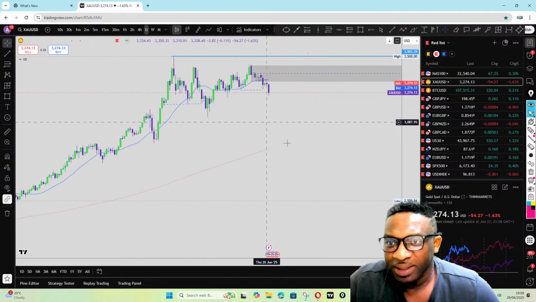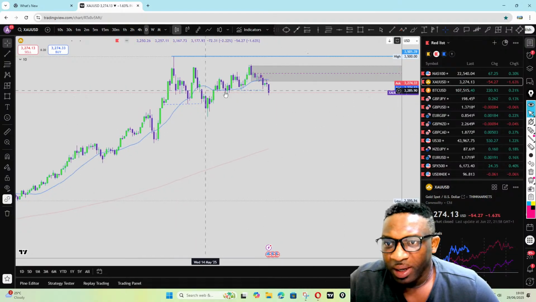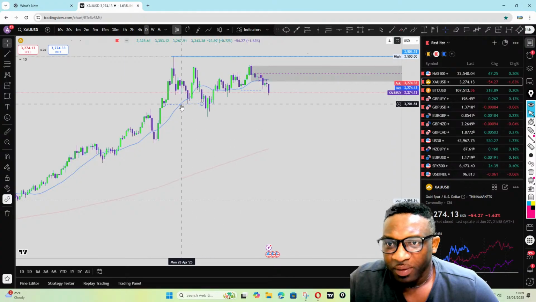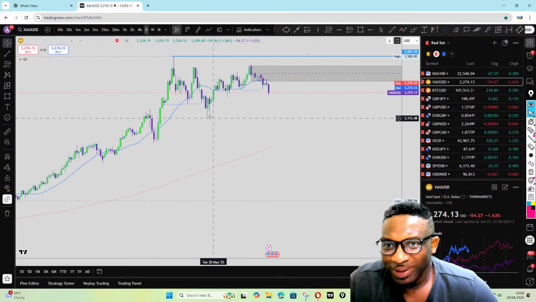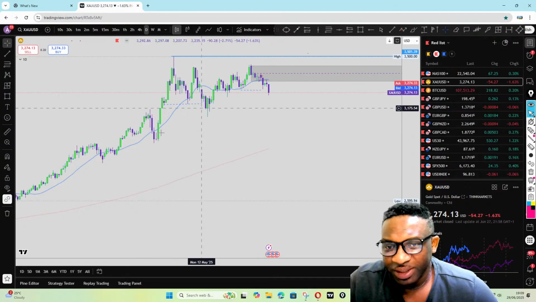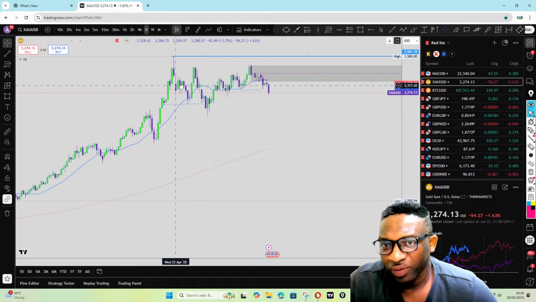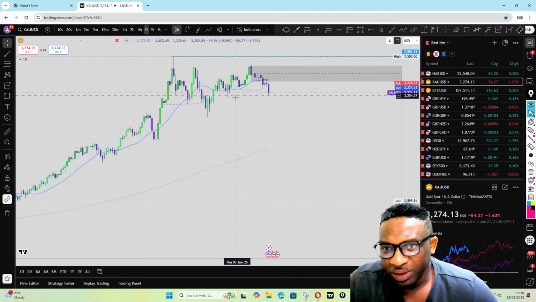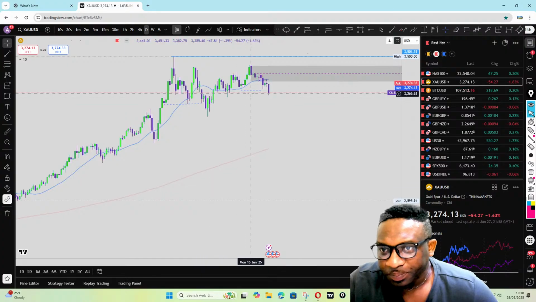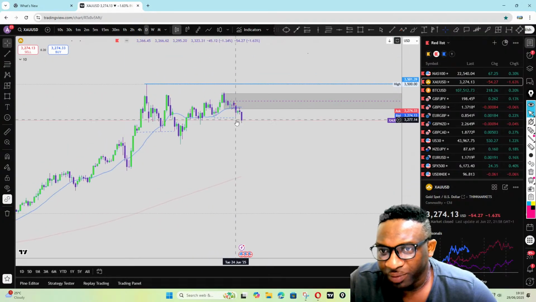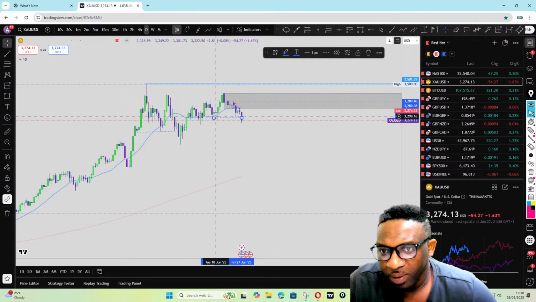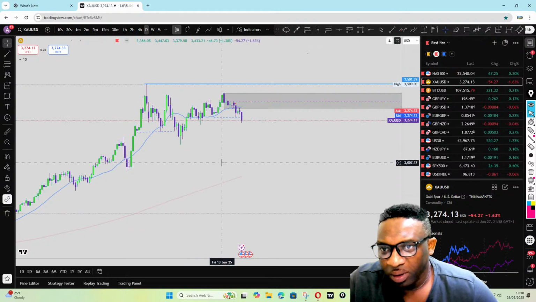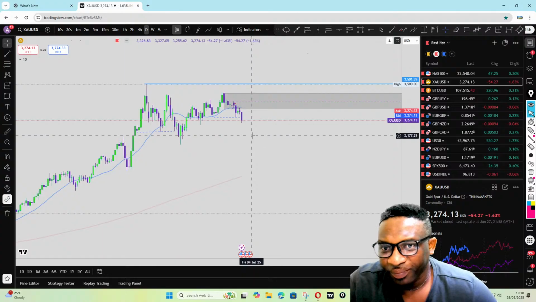So we can see that currently gold is in this area of consolidation after this long move up here. On the daily we have this break of structure that we marked on the weekly time frame.